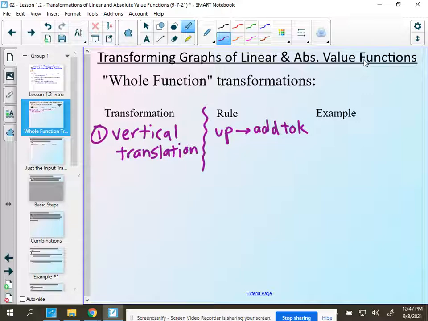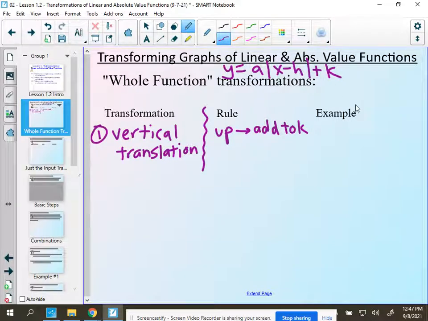We're talking about absolute value, which looks like our generic absolute value, x minus h, plus k. We talked about in the previous lesson that k involves a vertical translation. So if I want to do an additional vertical translation, we would add to k, keep going up.